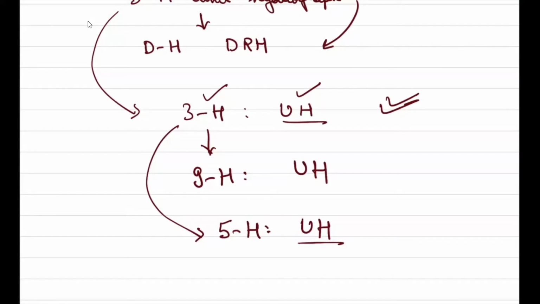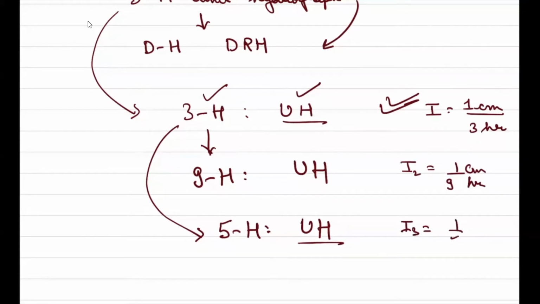What is the intensity of that particular precipitation event? That intensity is going to be 1 centimeter per 3 hours. In the second case, the intensity is going to be 1 by 9 centimeter per hour. And in the third case, 1 by 5 centimeter per hour. Is it clear? 1 centimeter happening over a certain period of time.